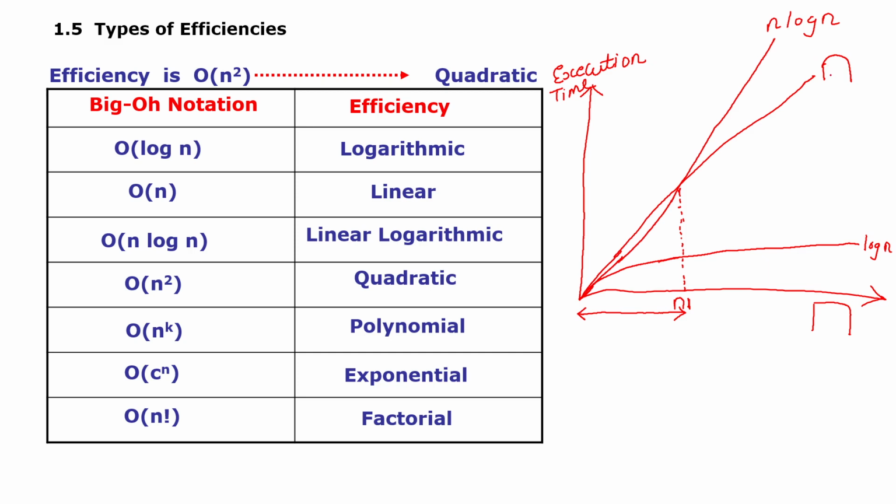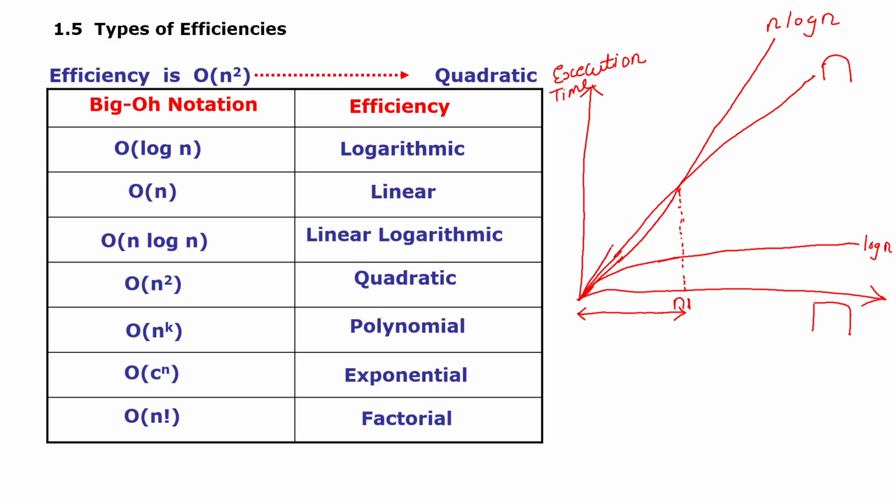Why? Because whenever we give our answers in AOA, these answers are based on very large values of n. So when n is very large, linear logarithmic takes more time than linear. As a thumb rule, we will say that n log n takes more time than n.